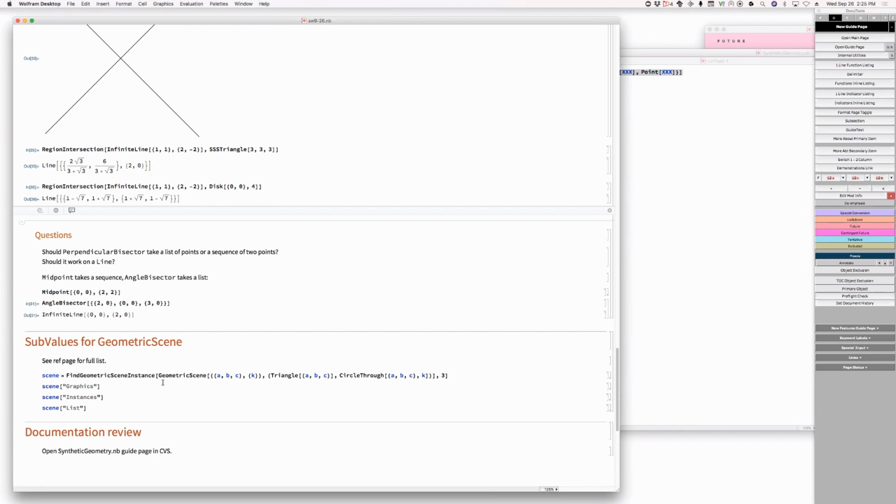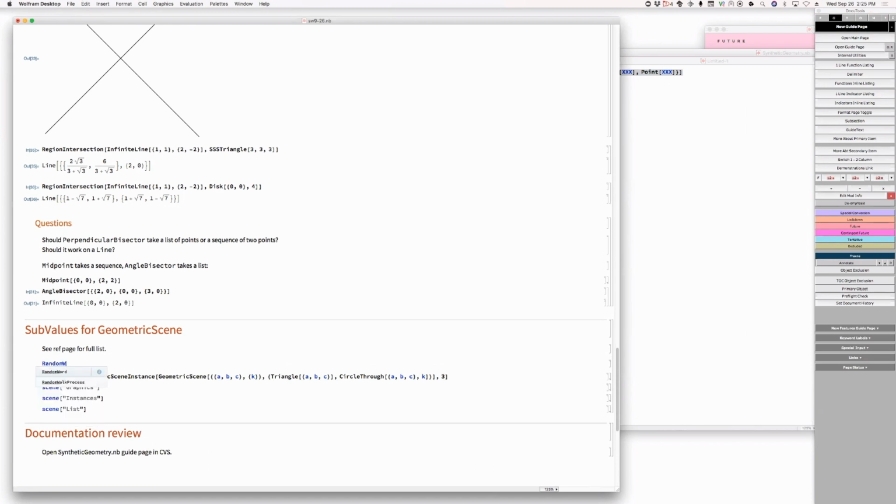For instance, it normally returns something with a geometric scene head that formats as graphics, but if you want just a graphics object, you could use string graphics. If you request multiple instances of the scene, how do I do that? I do that with random instance, comma 2 or something? Yeah. Okay, that's fine. Just like I can say random word, comma 3 or something like that.